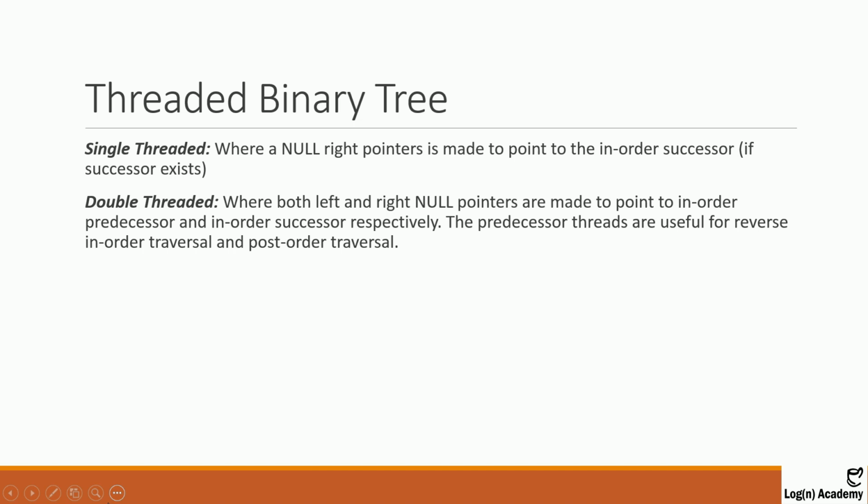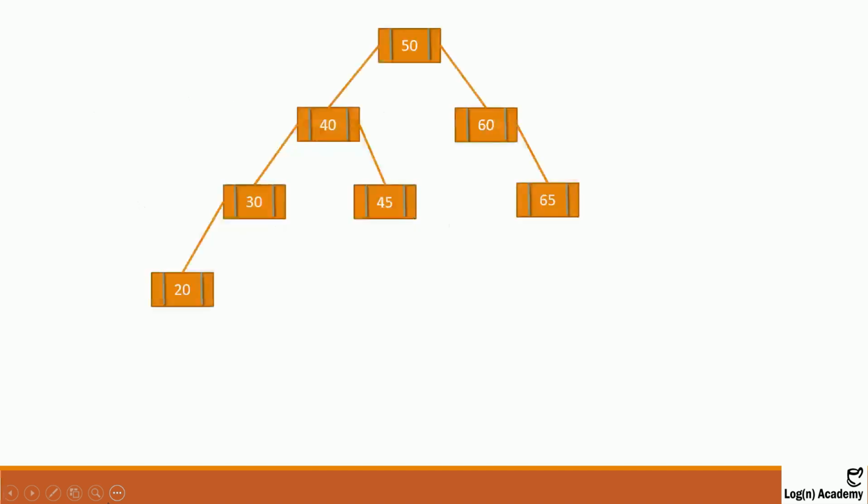It is where a null right pointer is made to point to the in order successor. And in double threaded, both left and right null pointers are made to point to the in order predecessor and in order successor respectively. I'll show you how we can implement this.